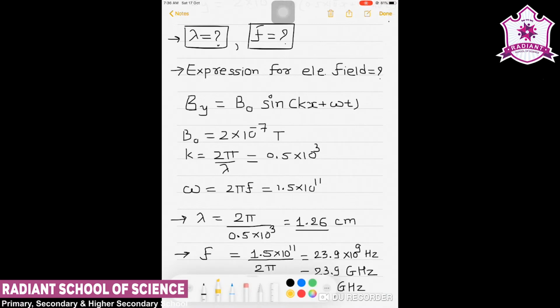For that we follow this equation, in which whatever component is indicated by x, y or z, we can say that the resultant wave is moving on the x axis. So obviously we have to bring out the new equation for the electric field.